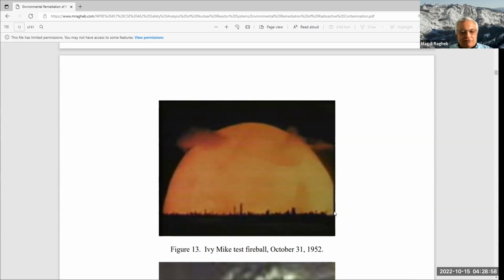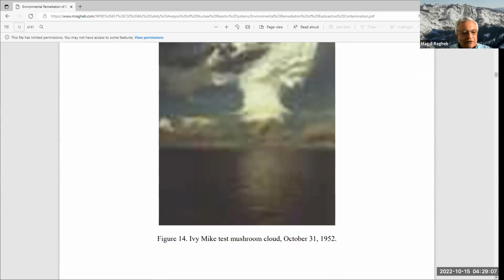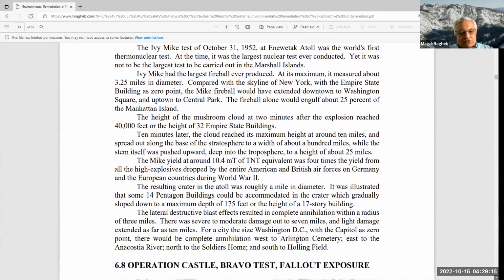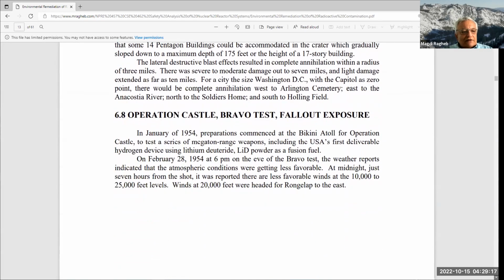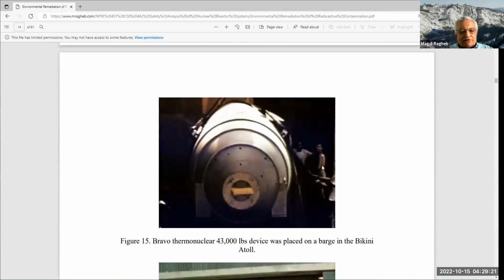You had a fireball the size of a mile or 2 miles enveloping the whole island where it was tested. Here is another picture. The Ivy Mike test mushroom, October 31st, 1952. That was the one that was miscalculated.